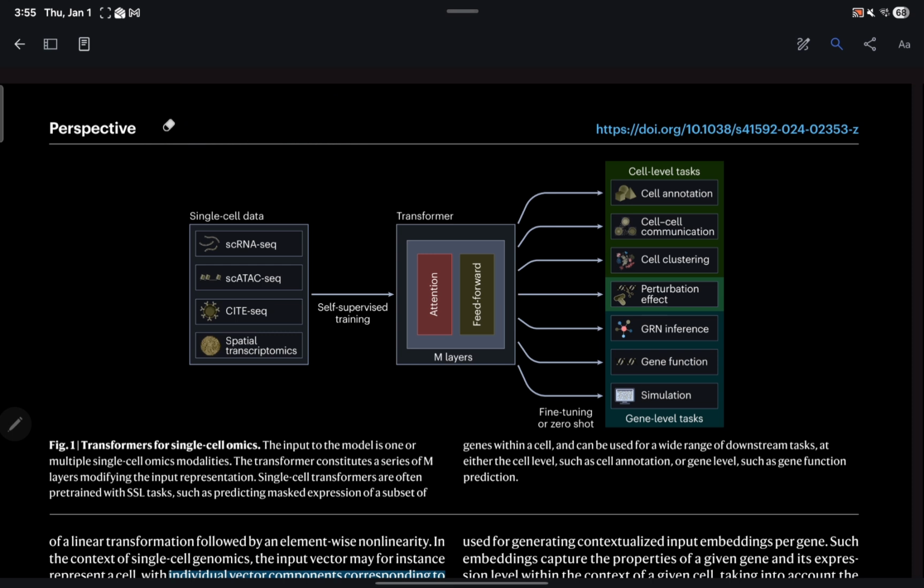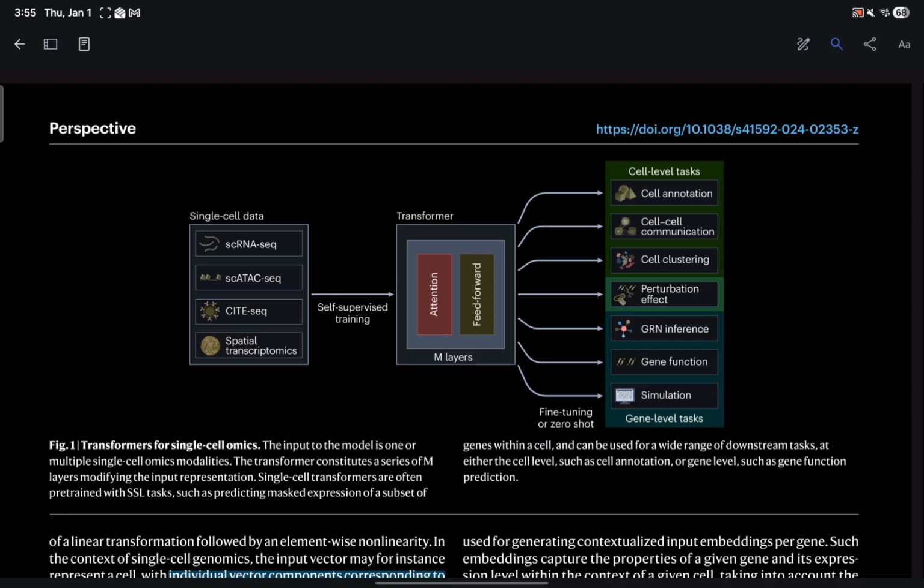Then you have cell-cell communication, which basically you want to know how these cells work together, what's the information passing between them, because we know that lots of biological actions come from the neighboring cells and the signaling between these cells. And then you have cell clustering, which is similar to cell annotation but doesn't have the cell type, but rather you just want to have some classes or some clusters.